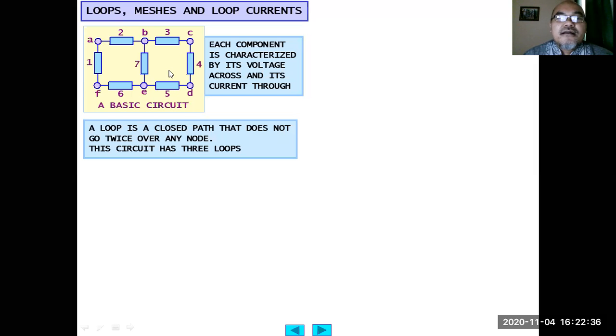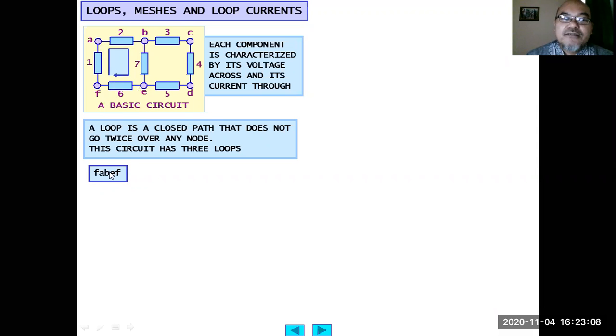So a loop is a closed path that does not go twice over any node. So this circuit has 3 loops. This is the first loop: F, A, B, E, F. It only goes one time through a single node: A only one time, B one time, E one time.